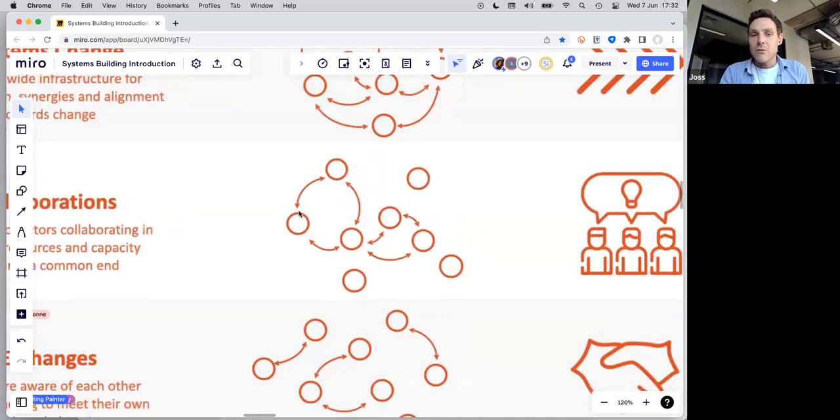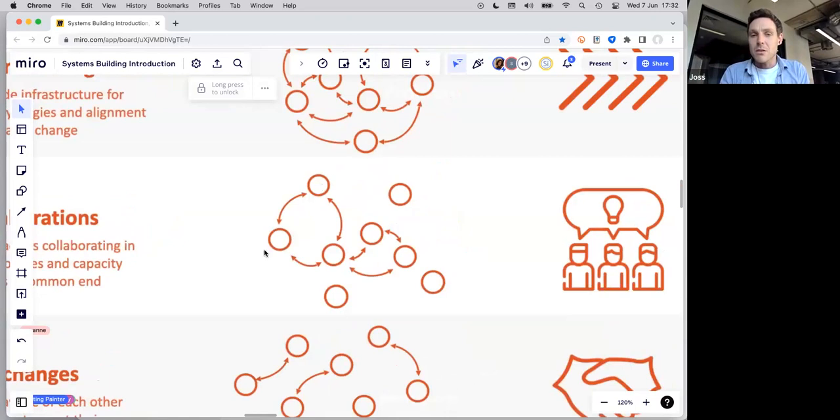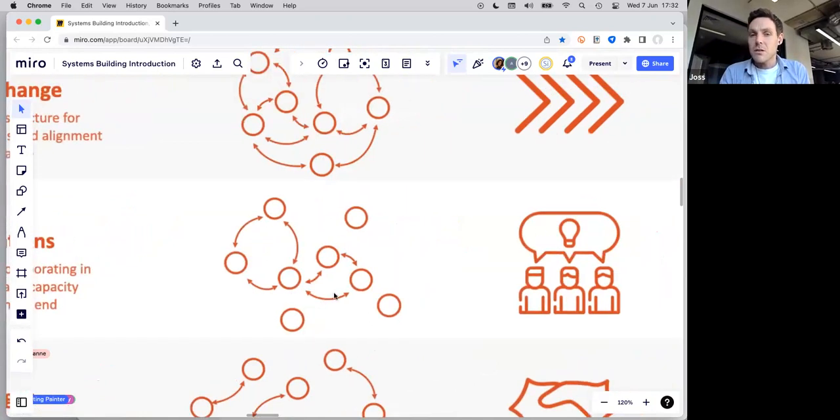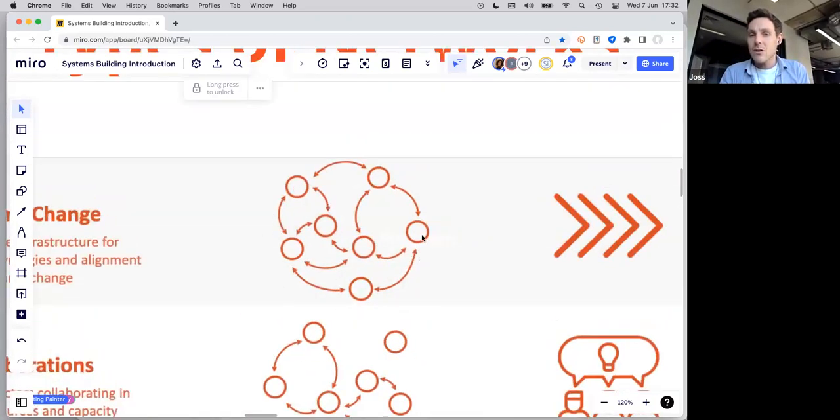If we go back to the example of homelessness, we might just have two organizations collaborating, and that's great, or three or four, but it's probably not going to change the system. It's not until we get a whole network, a whole platform and infrastructure for collaboration across all these actors around a shared purpose that we're going to start to get systems change.